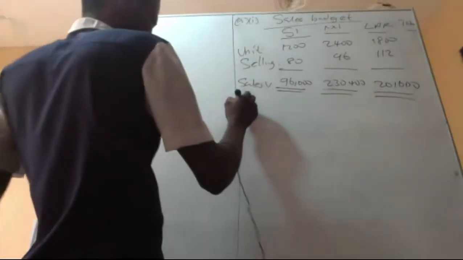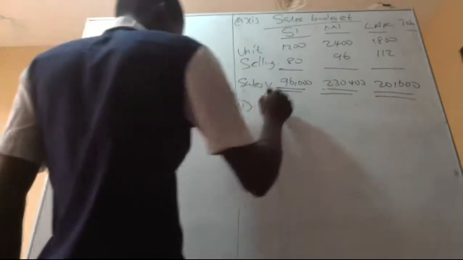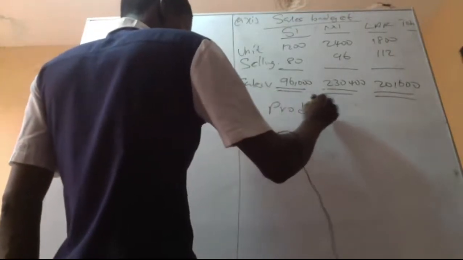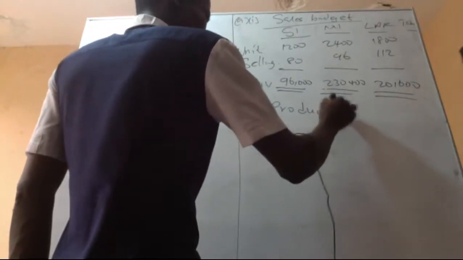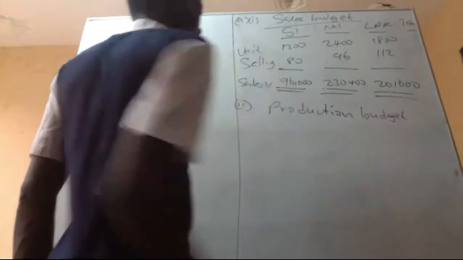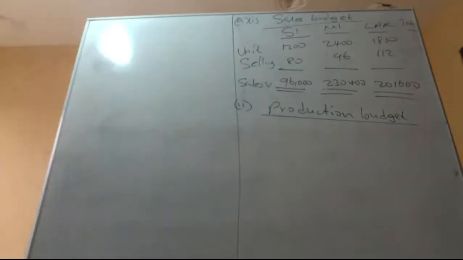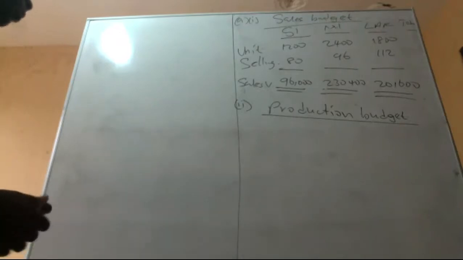If you check the requirements, the next question will be the production budget. Now with the production budget, it's like this.